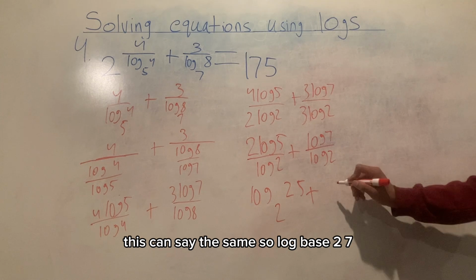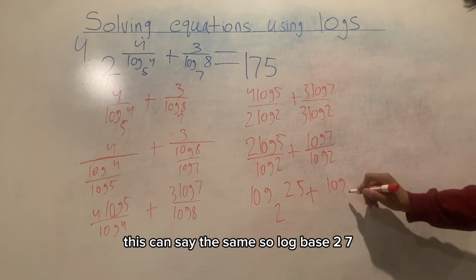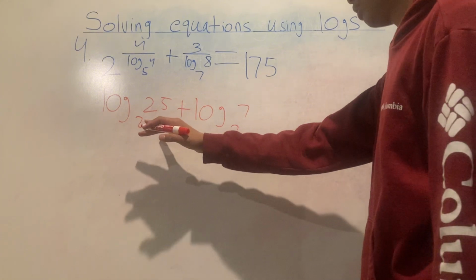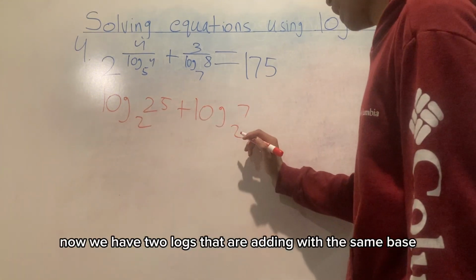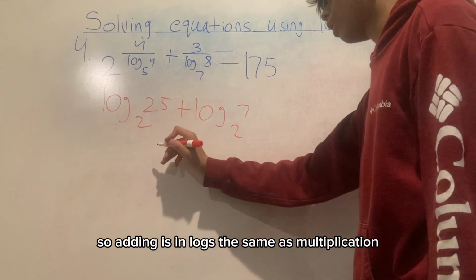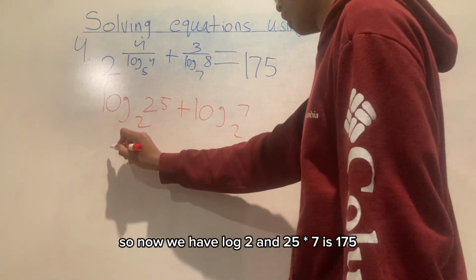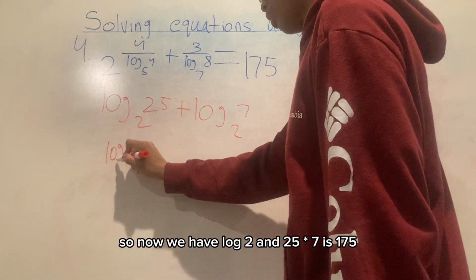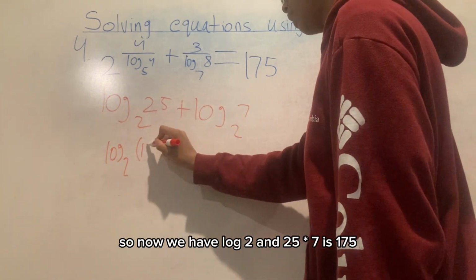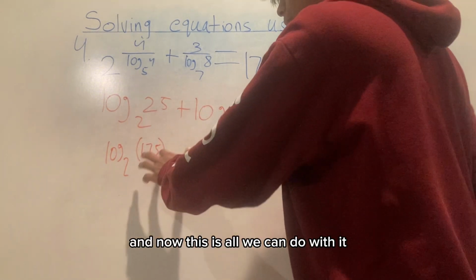This can stay the same, so log base 2 of 7. Alright, now we cleared up some space. Now we have two logs that are adding with the same base. So adding in logs is the same as multiplication. So now we have log base 2, and 25 times 7 is 175. And now this is all we can do with it.